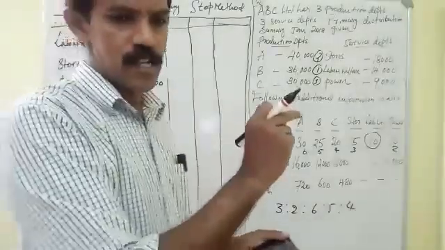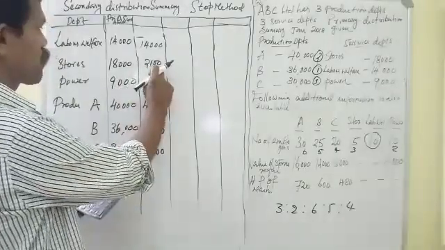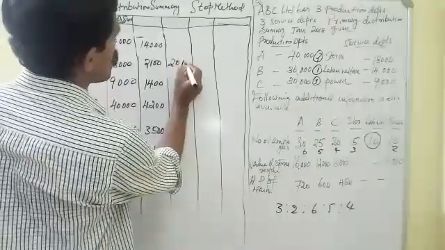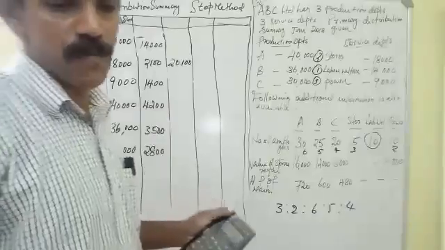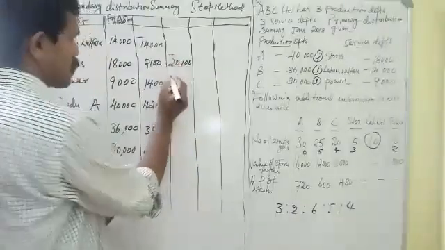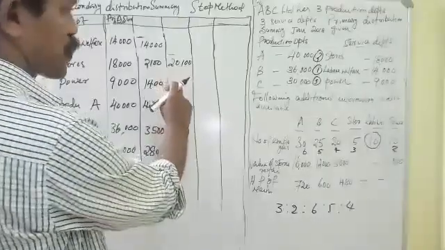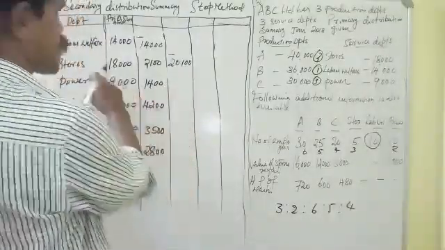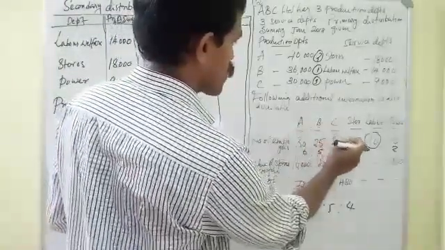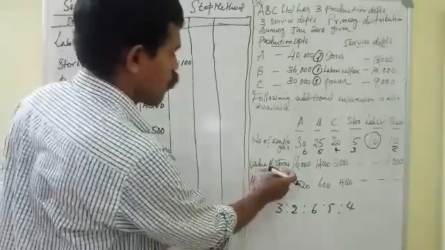The total of the stores department: 18,000 plus 2,100 comes to 20,100. Now we distribute these 20,100 among other departments. The basis of apportionment: we know the stores department serves departments A, B, C, and our power department, on the basis of the value of stores.